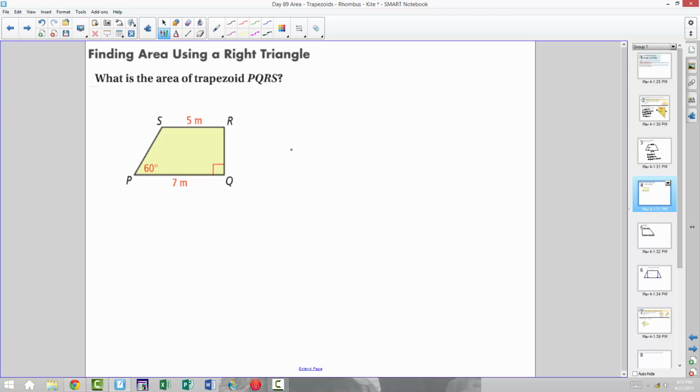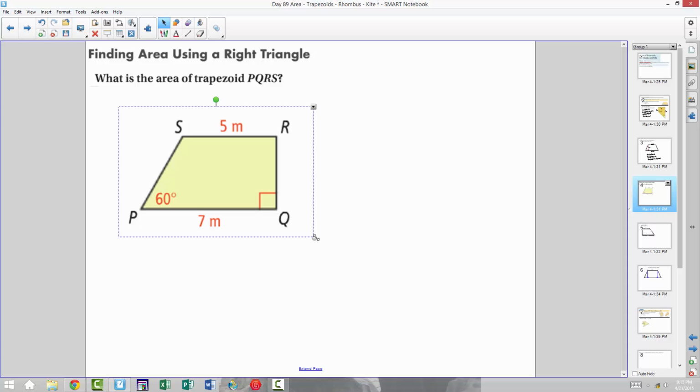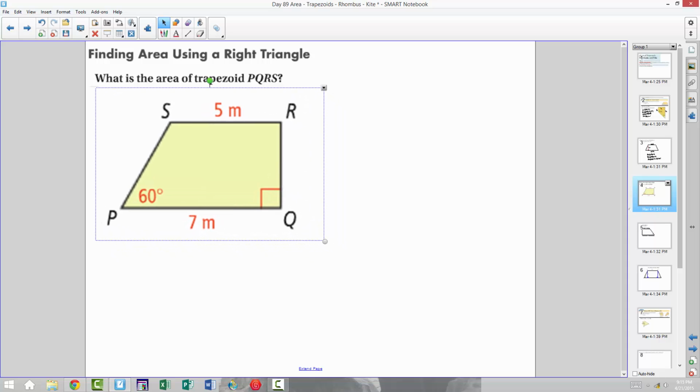Now we can find the area of a trapezoid, but I'm missing the height. So I'm going to have to think back to my triangle rules, and more precisely my special right triangle rules, or you can use trigonometry. Notice that I don't have a height.